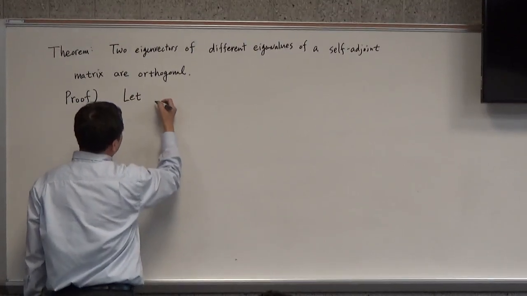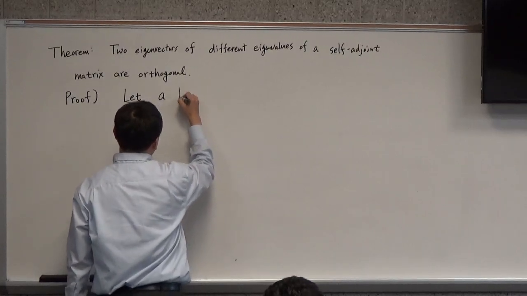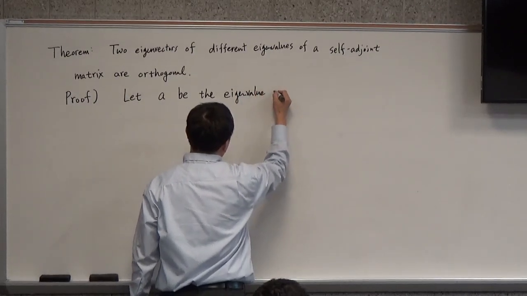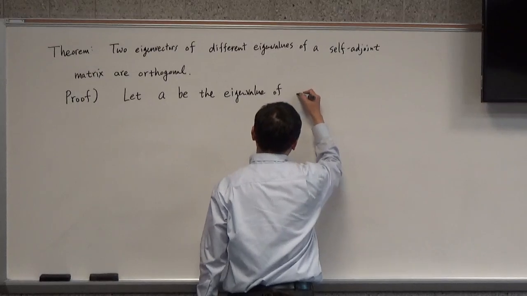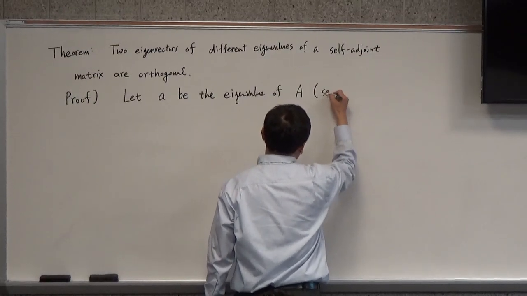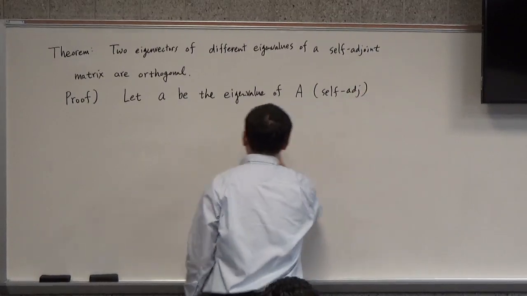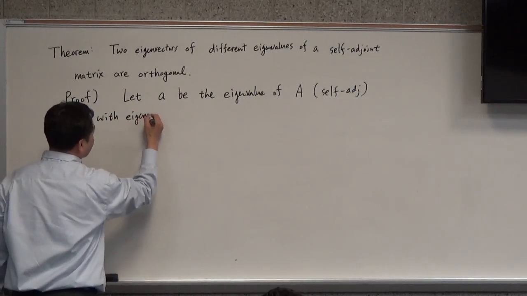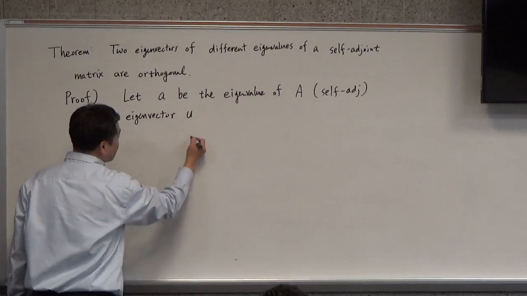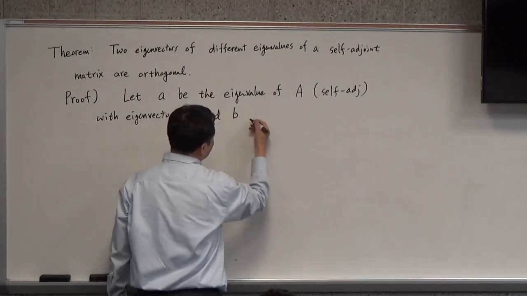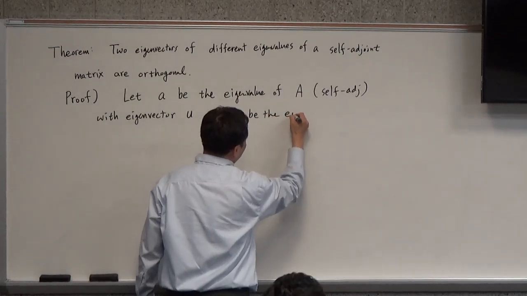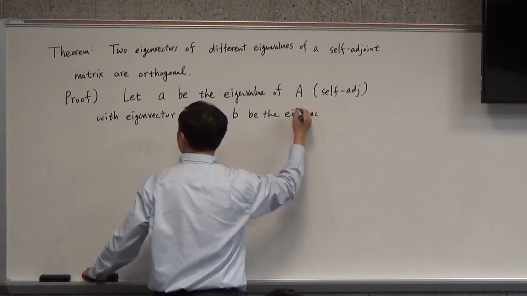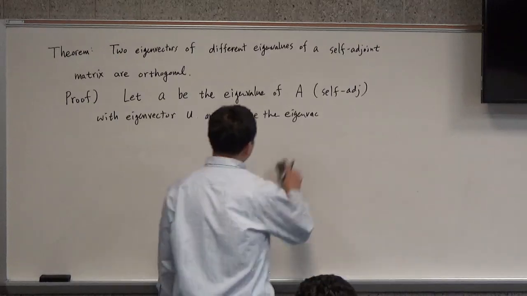Let A be the eigenvalue of a matrix A. Again, this is self-adjoint with eigenvector U, and B be the eigenvalue... sorry, I don't like this.